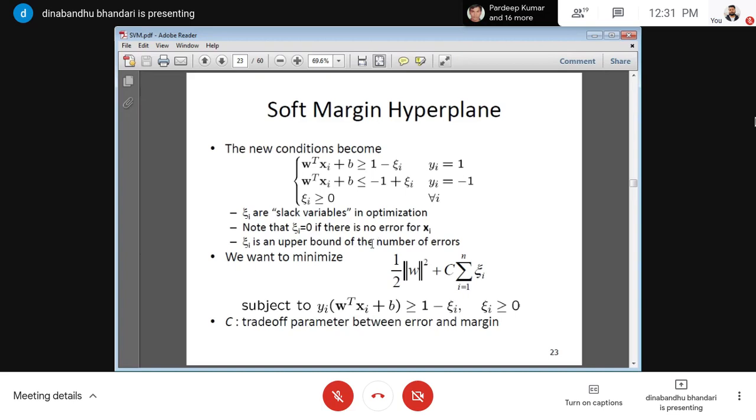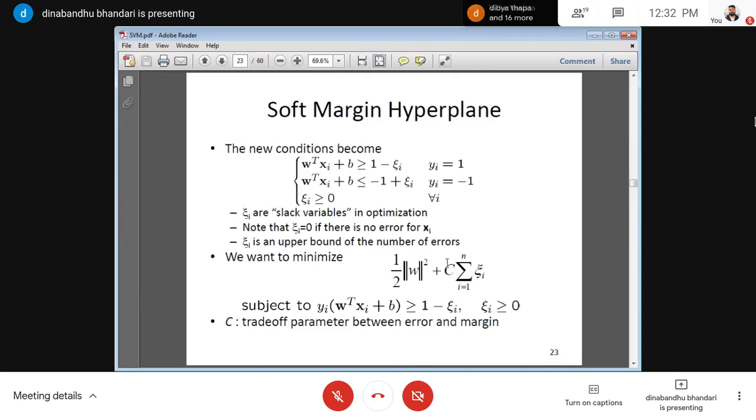Now, earlier we had to minimize this part. Now, we do not want this xi I to be very high, so we want to minimize summation xi I as well, over N terms. But there is a constant term we add here, C. It helps us adjust which one will get more priority. If you want to give summation xi I more priority, you increase the value of C. That means you do not allow much.